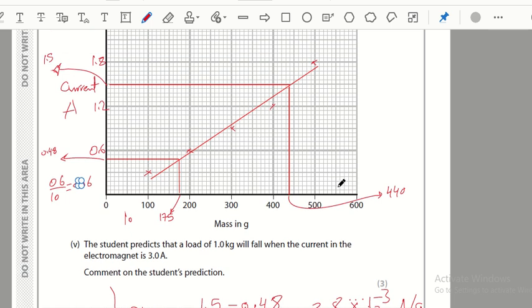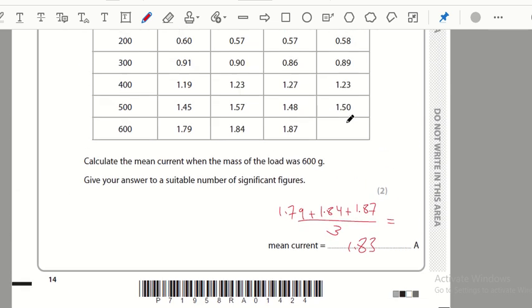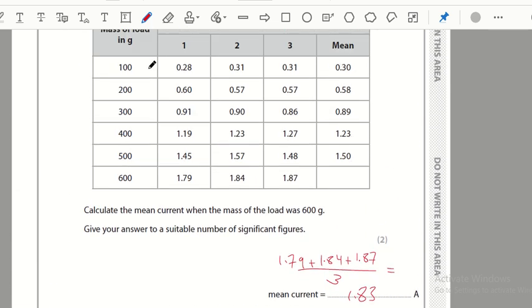If we look here, we ended at 600 gram, so we cannot find it from the line, but from the table we saw that for each 100 gram we have a 0.3 ampere increase.